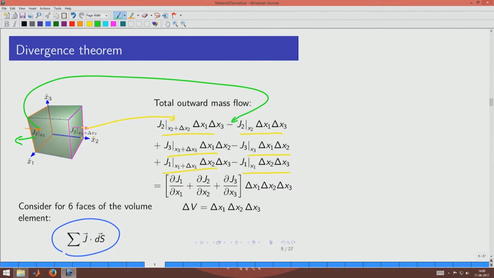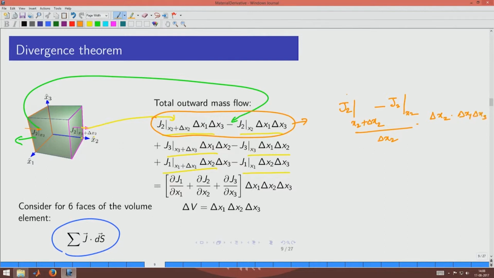So, when you then add them up, we have an interesting observation here. You see that delta x1, delta x3 are there. What we can do is that this expression alone, let us just take this expression alone and then modify it. So, what we do is that we write it as j2 at x2 plus delta x2 minus j2 at x2 divided by delta x2 and also multiplied by delta x2 into the next remaining terms are given already.